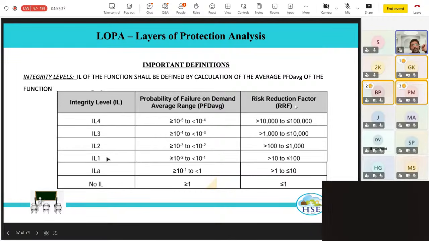Next is IL1. Basically, this is SIL 1, SIL integrity level 1. So for this, if you look at it, you get a risk reduction of 10 to 100. Now again, when you say SIL 1 or SIL 2 or SIL 3, it should not be that just the components or the sensing element, final element, or the logic solver are rated for SIL 1, SIL 2, or SIL 3.